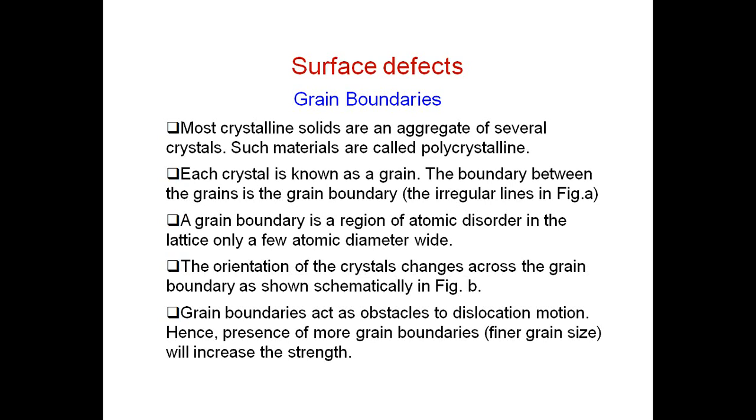So normally these grain boundaries act as an obstacle to the dislocation motion. So the presence of more grain boundaries increases the strength, because the grain boundaries act as a hurdle to movement of the atoms in the lattice, so that if there is no movement of the atoms or no slip, the strength of the material is going to be increased.